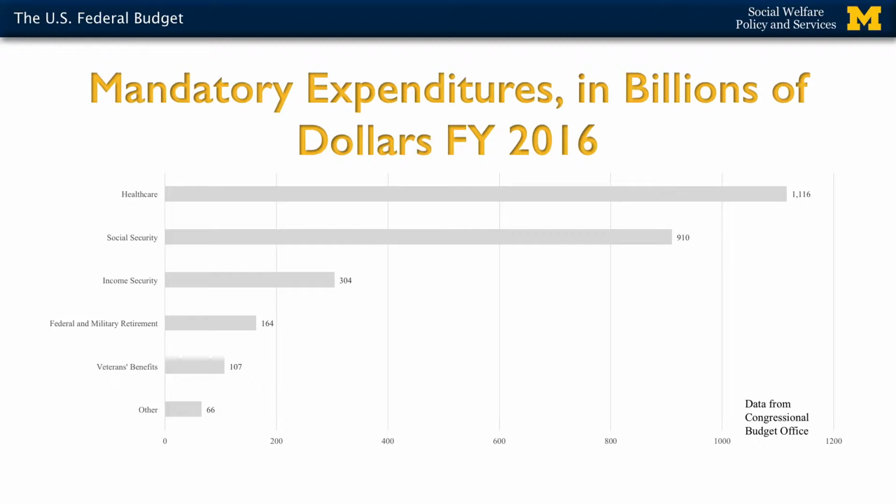There's a number of concerns about the extent to which mandatory spending represents an increasing share of the overall federal budget. Right now, we've been experiencing increases in healthcare and Social Security spending in the United States. These are both mandatory programs, and they're often referred to as entitlement programs because the people who are eligible to receive that benefit are entitled to get it.